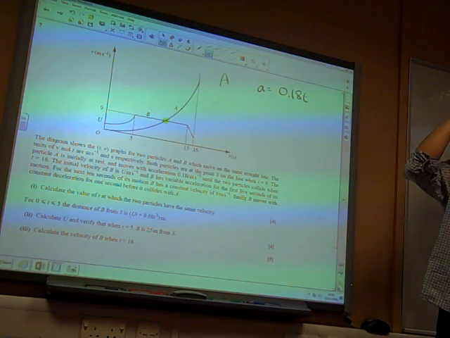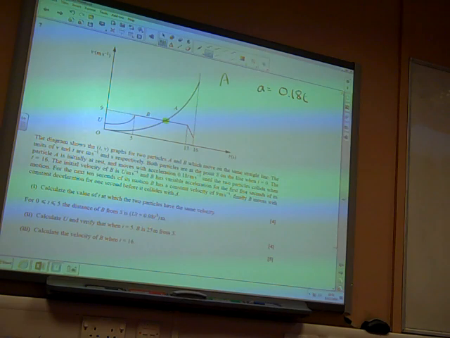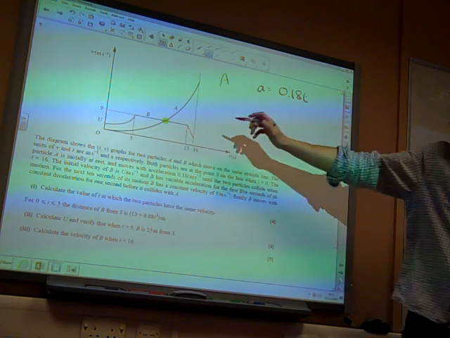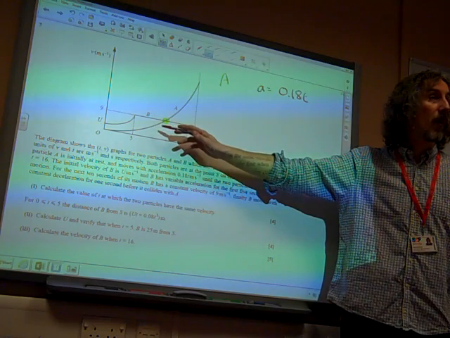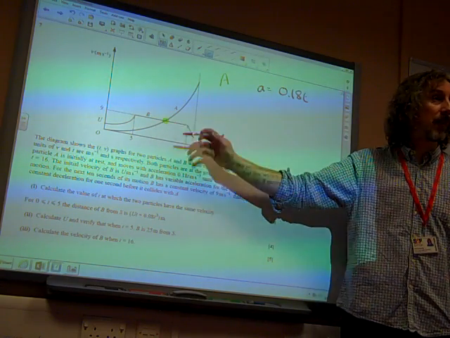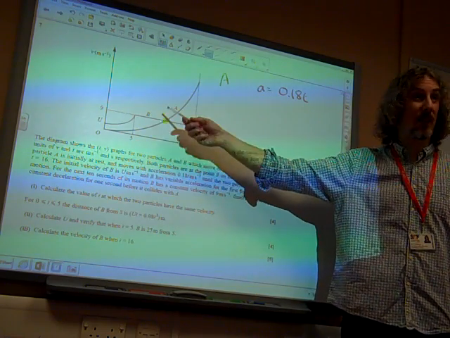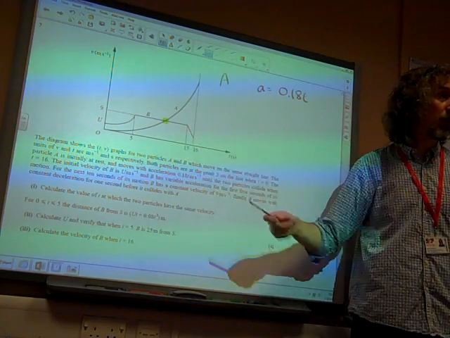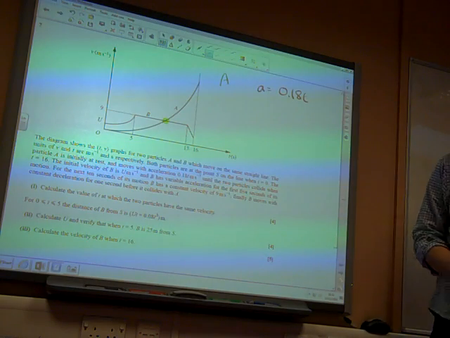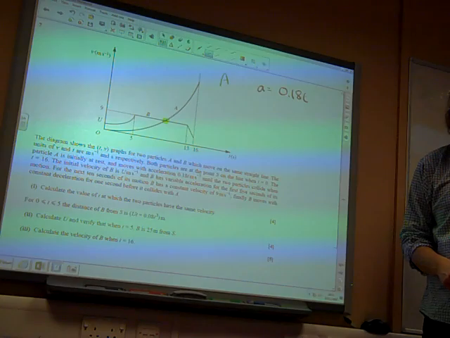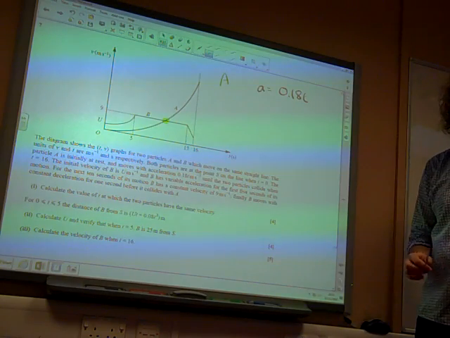To find the time at that point, what is the velocity when they have the same velocity? It's 9, isn't it? That's the nice bit about the constant velocity for the other one. We're looking for the value of t when A has velocity of 9.